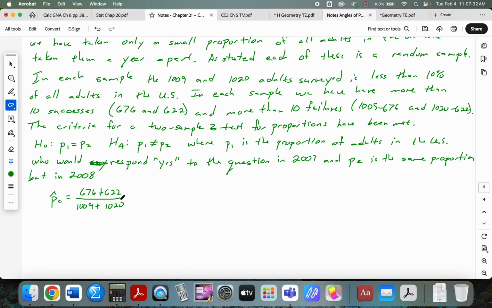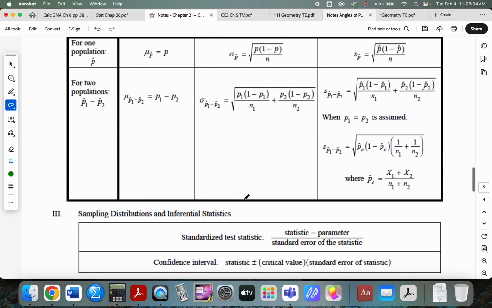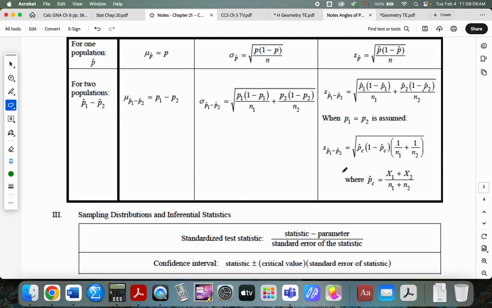I don't have my stuff out at the moment, so 676 plus 622 divided by 1,009 plus 1,020. I got about 0.64. All right, and then we're going to go back to this. So I'm going to do my standard error.